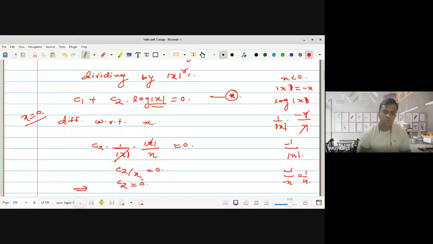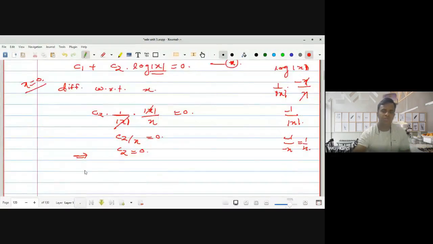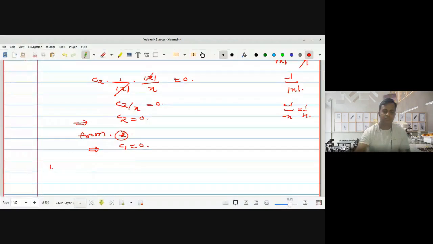Now putting c2 is equal to 0 in equation star. So from equation star, that implies c1 is equal to 0. Okay, hence phi 1 and phi 2 are linearly independent.